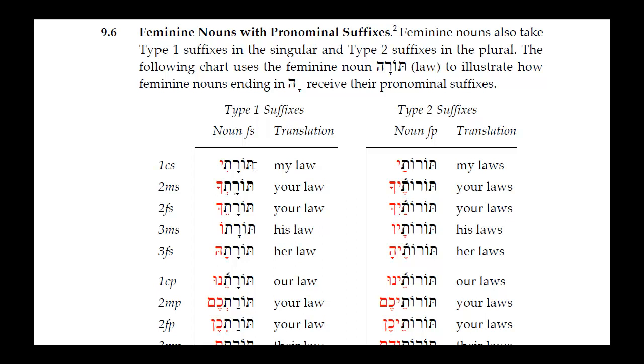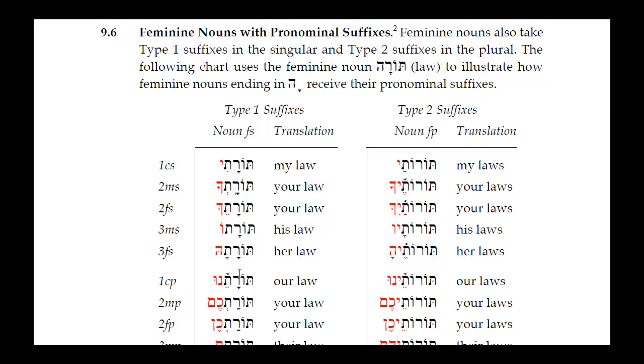Okay, so torat, and then you add the pronominal suffix here, which is the hireq yod. So torati, my law, toratecha, your law, toratek, your law, second feminine singular, torato is his law, torata is her law or her instruction.